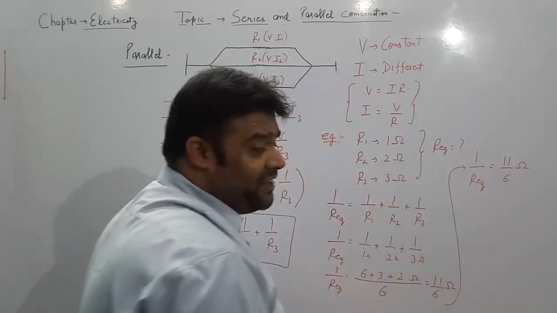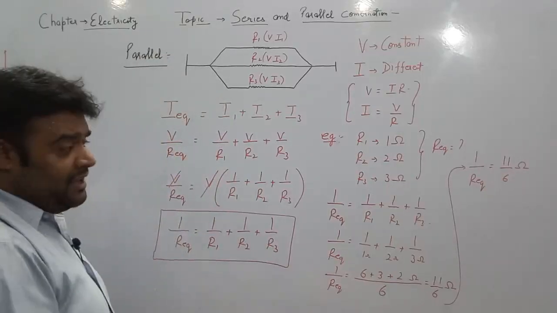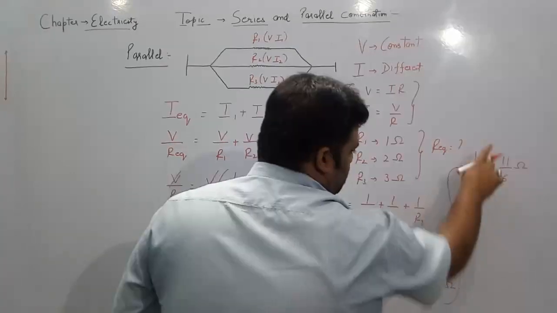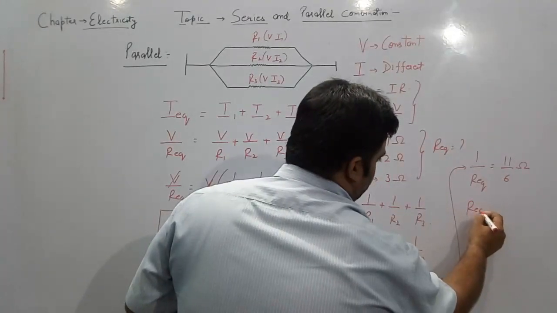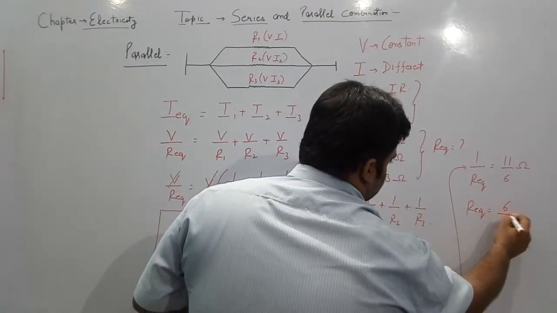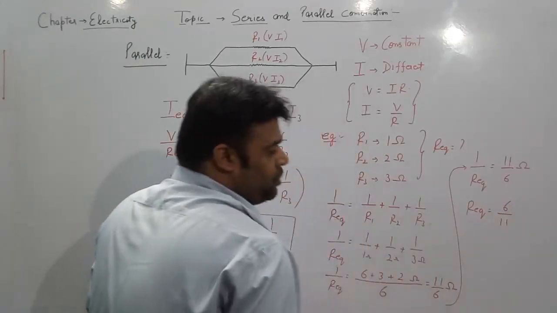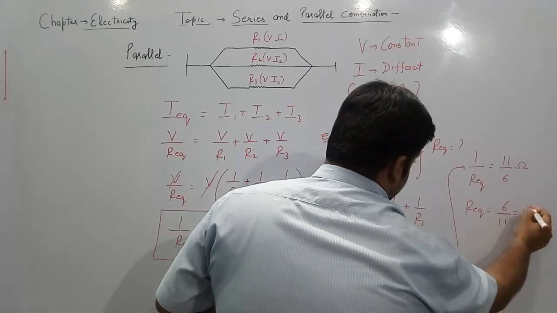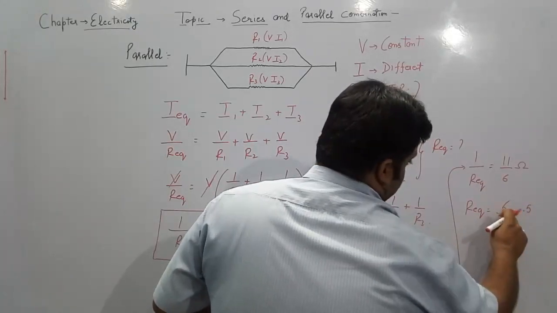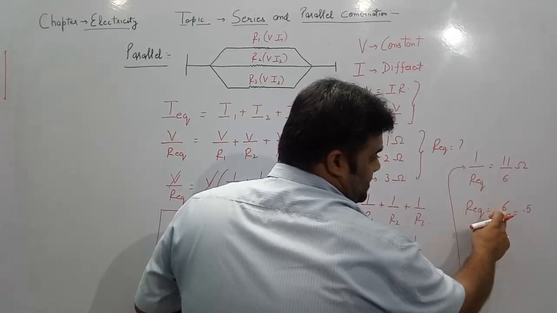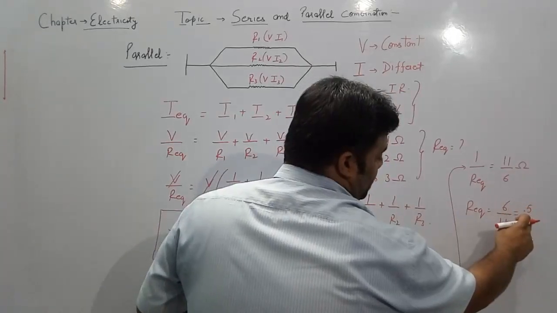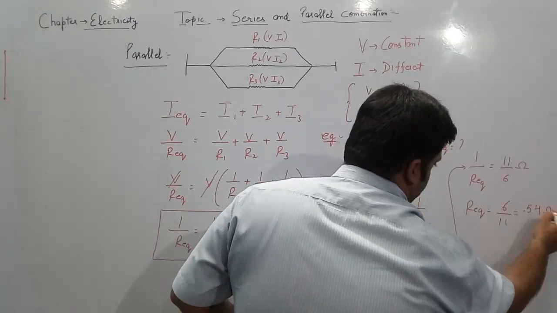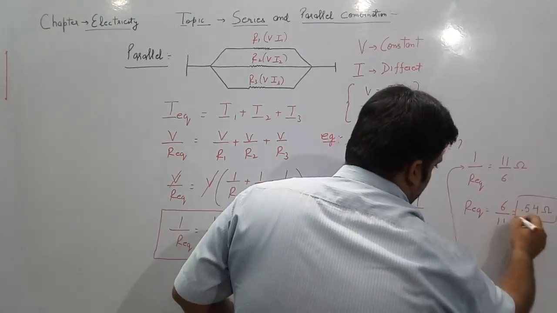If we have to find the value for R equivalent, we have to find the reciprocal. If we take the reciprocal, R equivalent is equal to 6 upon 11 ohm, or we can find it as 0.5, 11 5s are 55, then again 5, 11 4s are 44, or we can say 0.54 ohm.